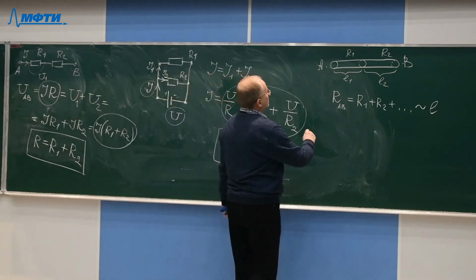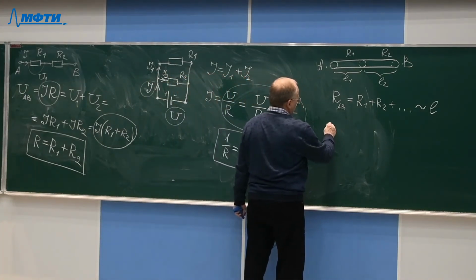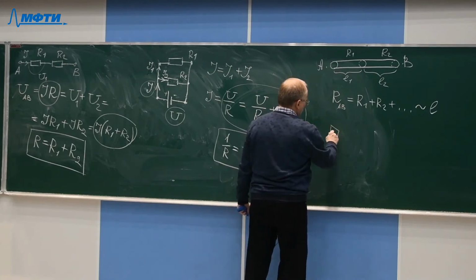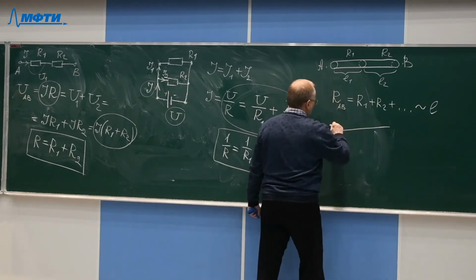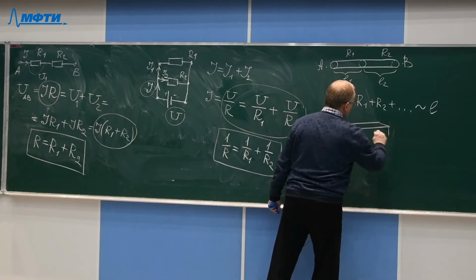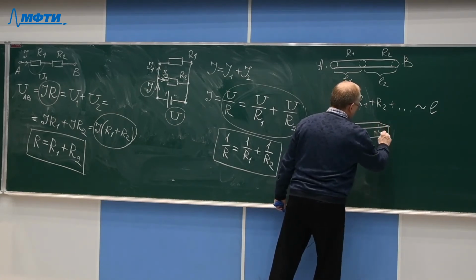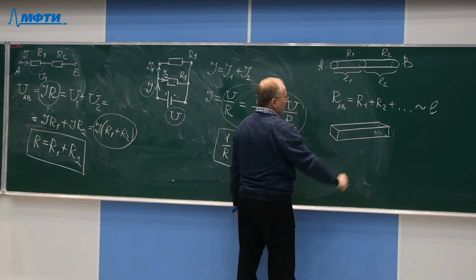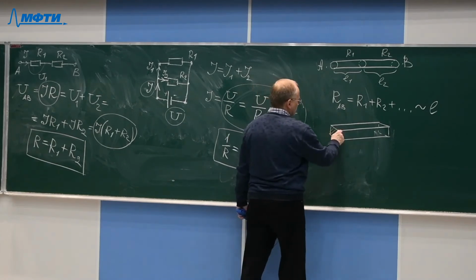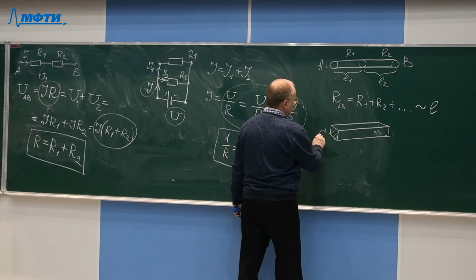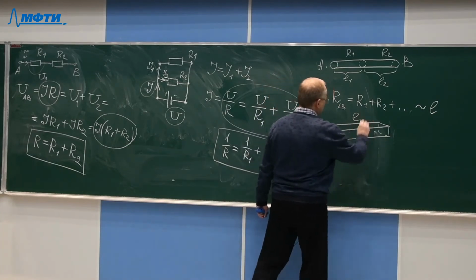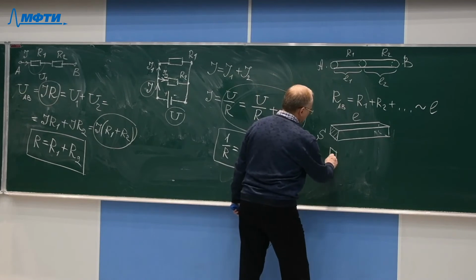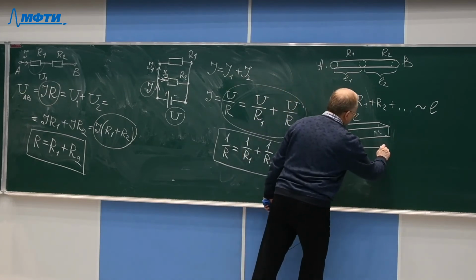Now imagine a wire which has, for simplicity, a rectangular cross-section, and the cross-section here will be S and the length will be L. And consider another wire of the same cross-section.